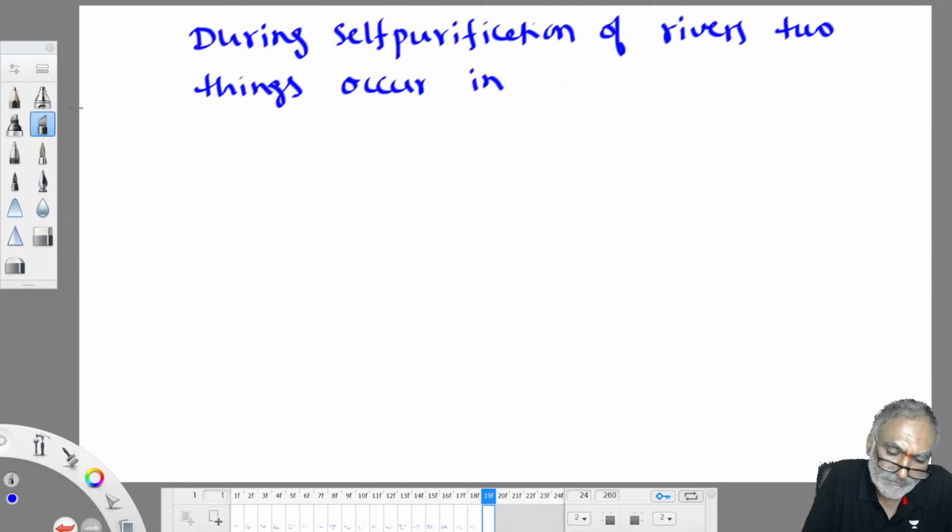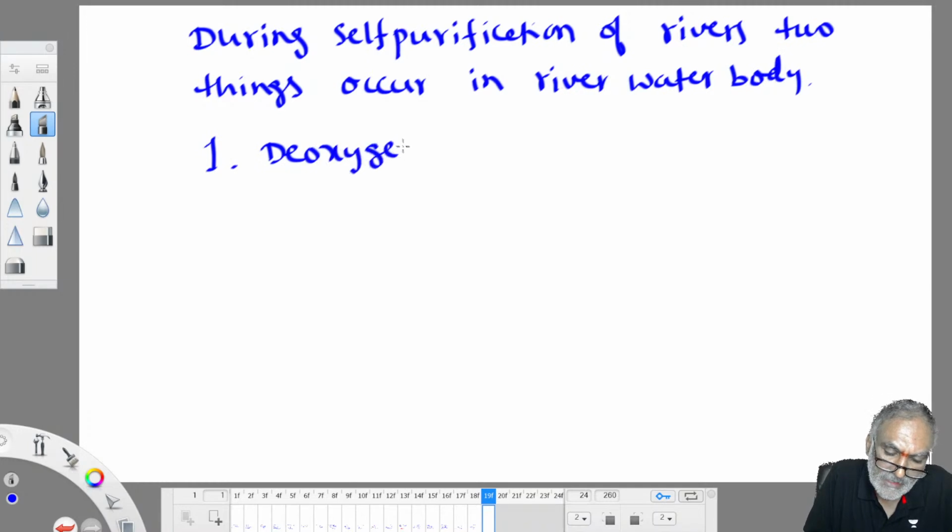One is called deoxygenation. That is, DO levels drop down, depletion of oxygen.